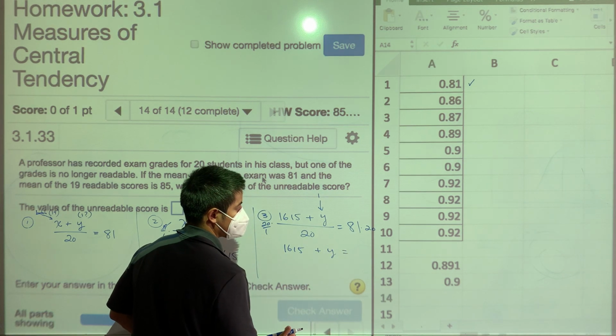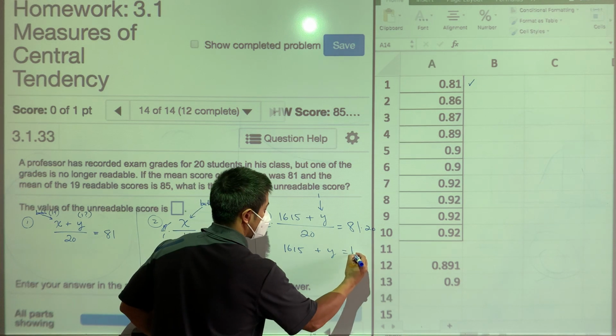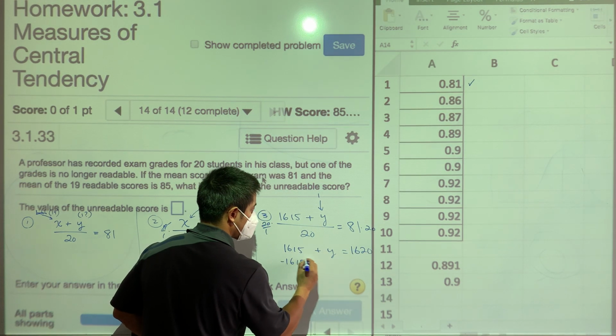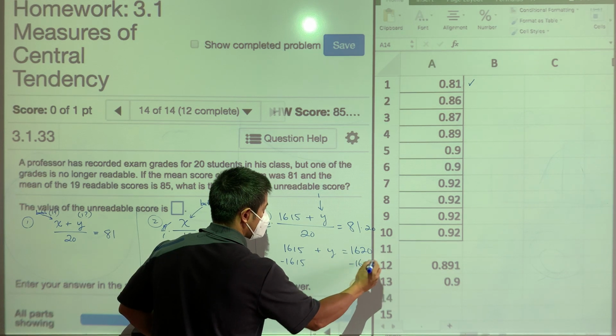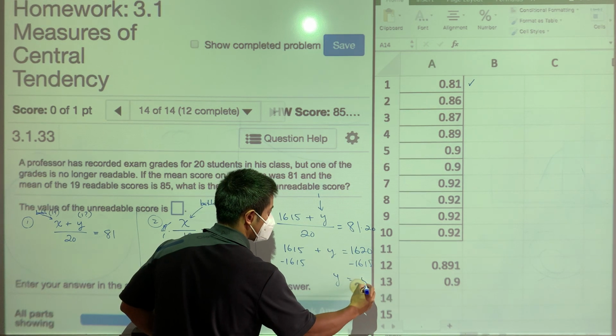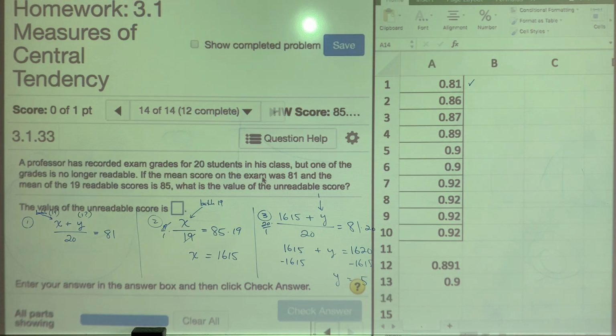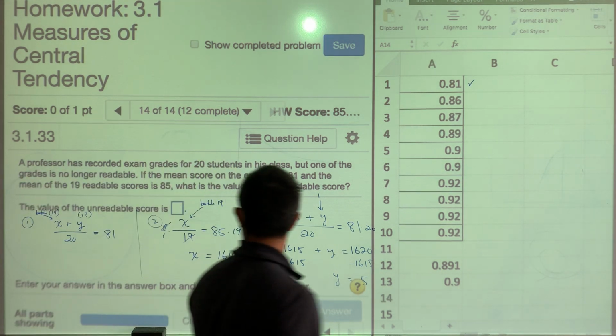Somebody want to do that? Is it 1620? Yeah, 1620. And then I subtract them. This looks pretty bad. Something's wrong here? Surely it's not a score of 5, is it? Really?